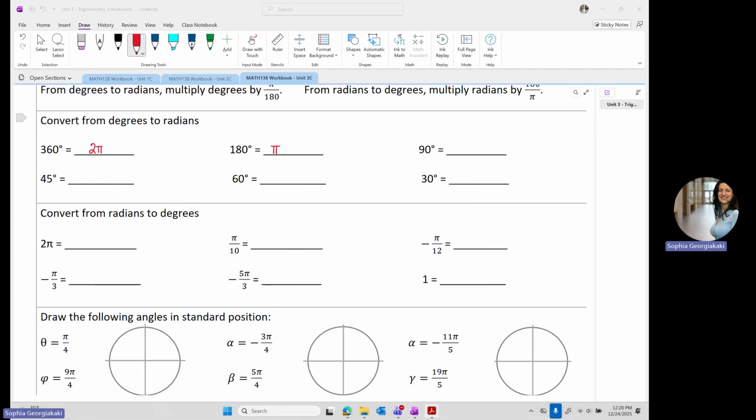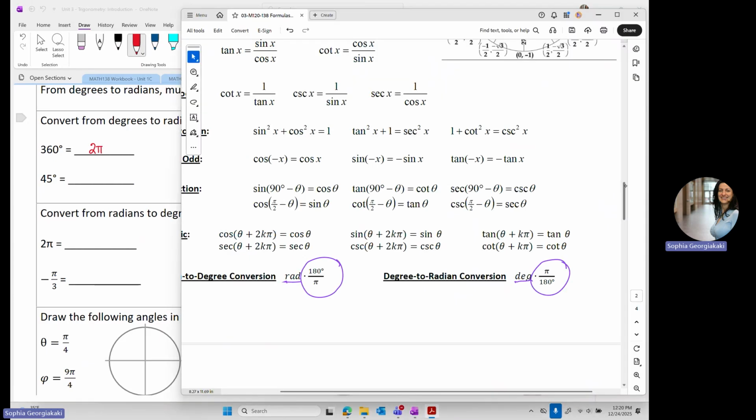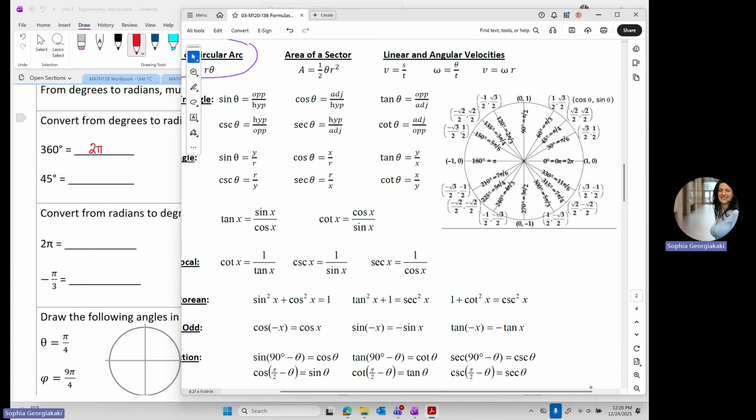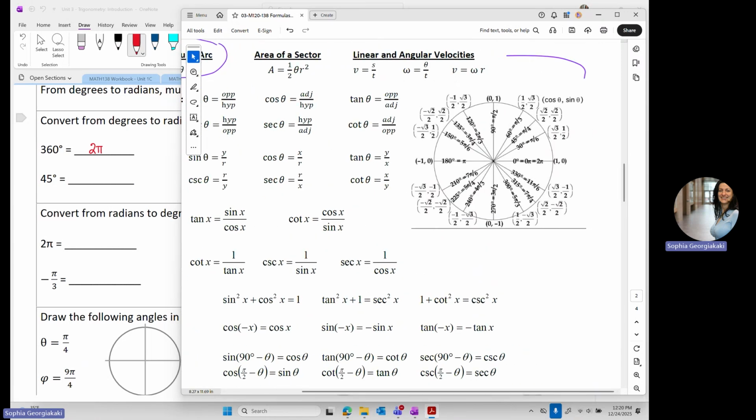Also, I have worked with the trigonometric circle a lot, which is part of our packet over here. And this trigonometric circle shows me that 0 and 360 degrees is 0 and 2 pi, and 180 degrees is pi. So I have used the trigonometric circle enough to remember that pi will be at 180 degrees, and that's the one thing that I definitely want to remember.